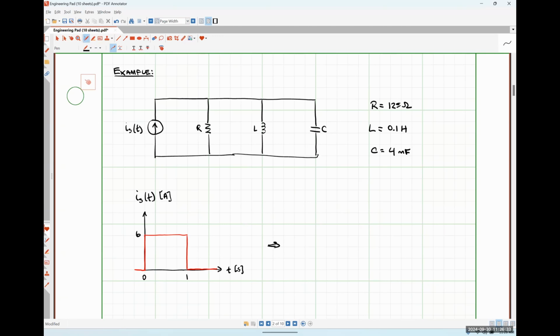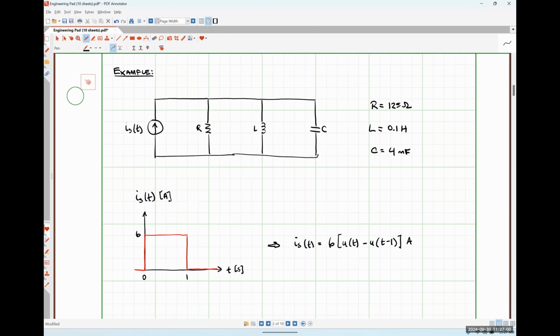So we could think of IS of t as 6 times U of t minus U of t minus 1 amperes. So we just have an abrupt current pulse.